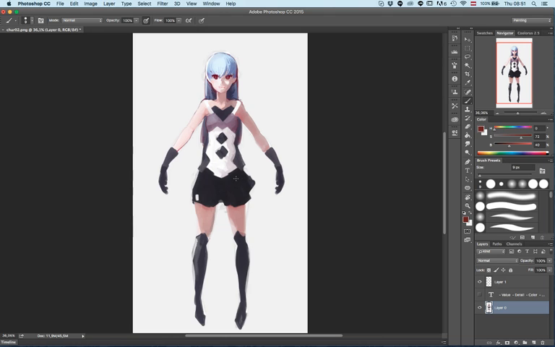One of them would be detail. It's about detail over a certain area. For example, here the arm is really not detailed at all, while the face and this area here, and I guess this leg, would be more detailed as well.